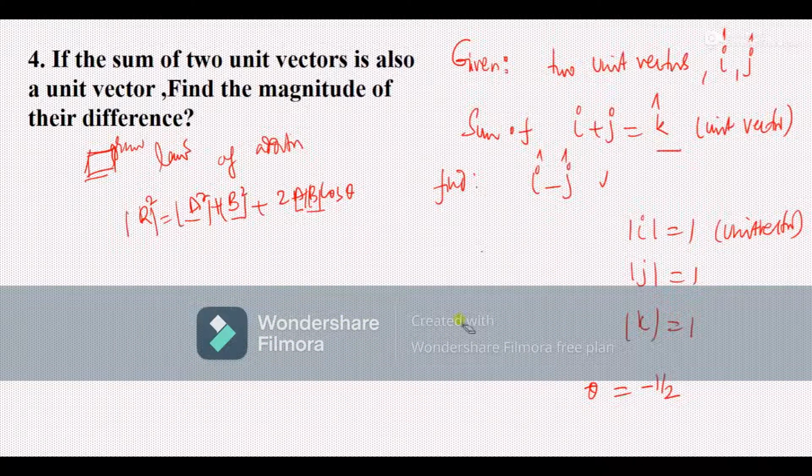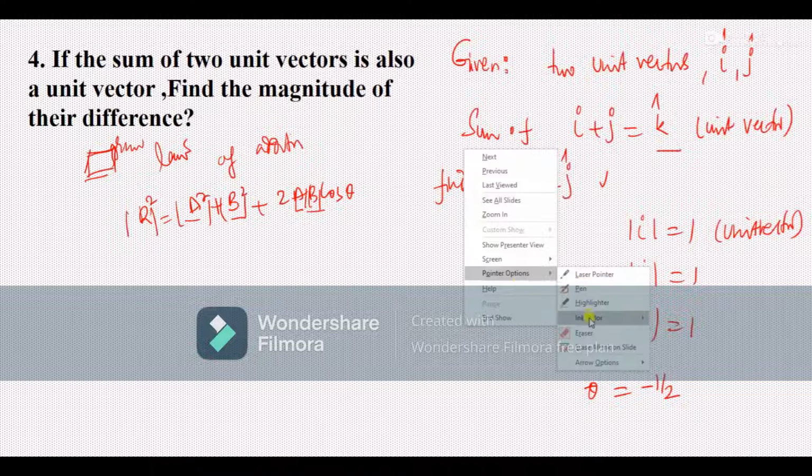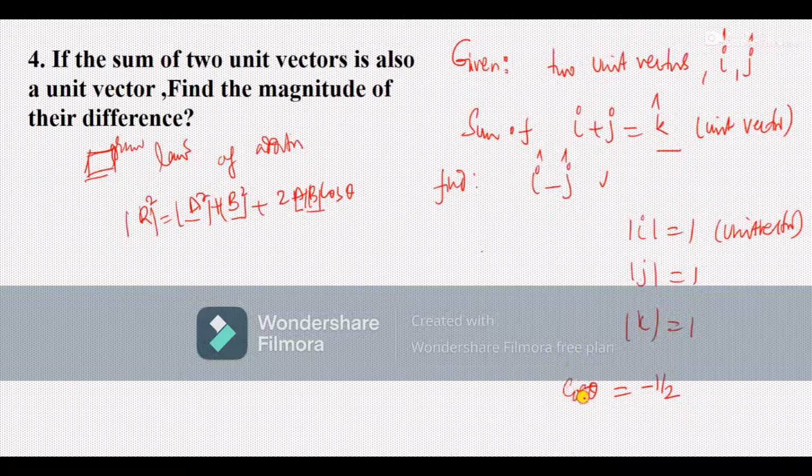So for i minus j, we can find the resultant with the same equation, where instead of plus we use minus. So R square is equal to a square plus b square minus 2ab cos theta.